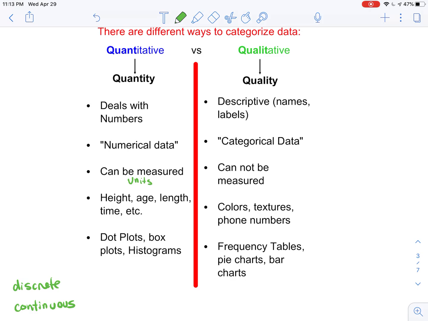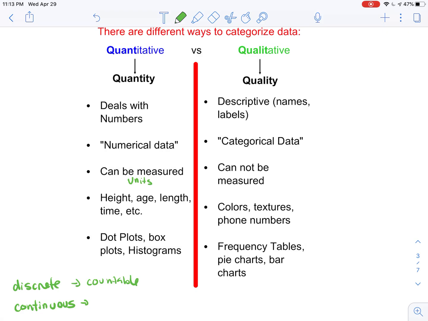It is not something that continues on with decimals and fractions in between it. It's something that you can physically count. So if, let's say, you're talking about Skittles in a bag, how many Skittles on average come in a bag? Well, you can count the number of Skittles. There will not be a half of a Skittle in there. So discrete is something that is countable.